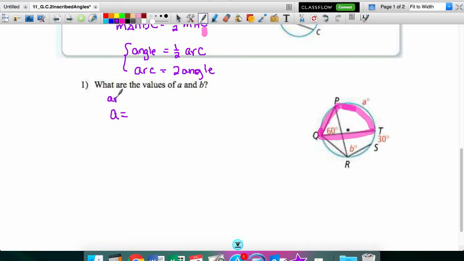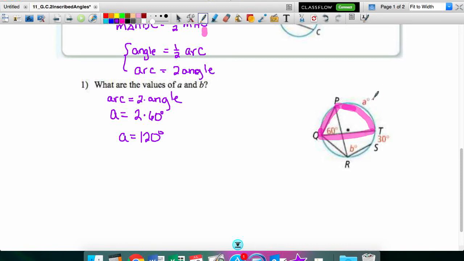And you know what? Right above that, I'm going to actually write that. The arc is double the angle. Here, the arc is A, and we're going to double the angle, 60 degrees in this case. This gives us a value for A of 120 degrees.